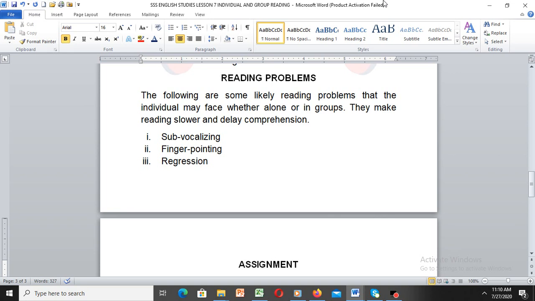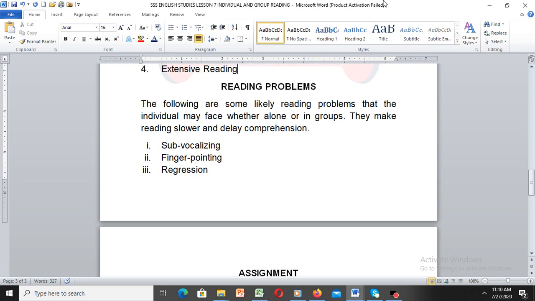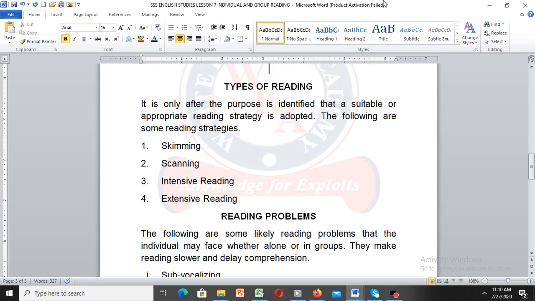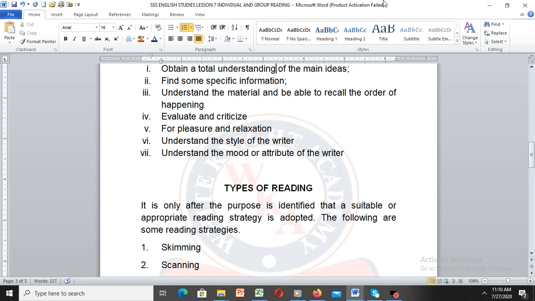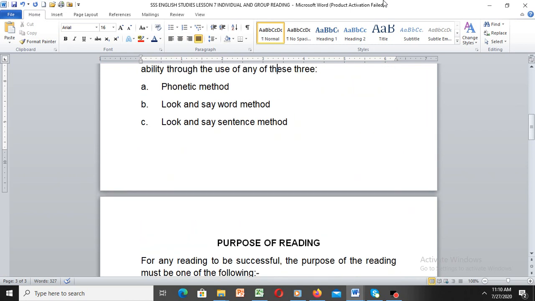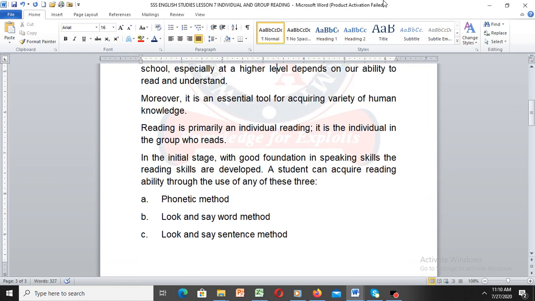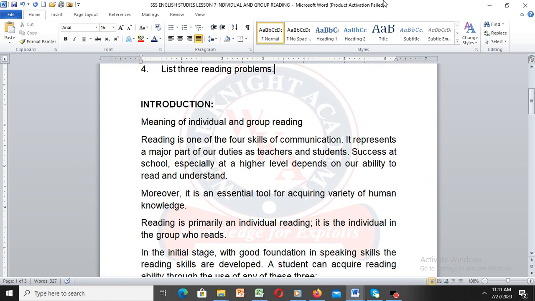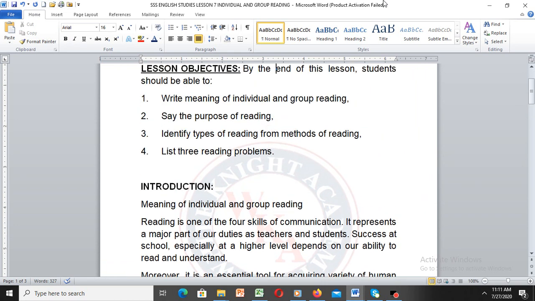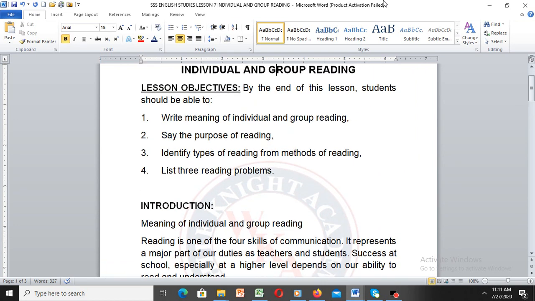Having said this, we have come to the end of this lesson. Now so far so good. We have been able to see the topic today, titled Individual and Group Reading.